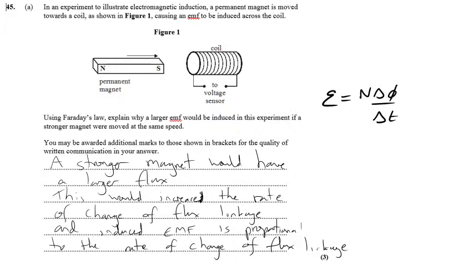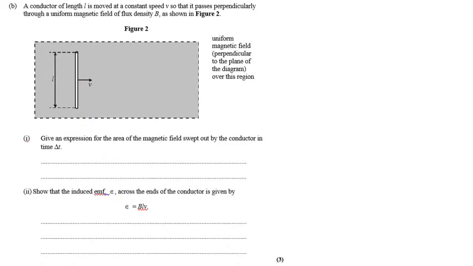So essentially it wants us to explain that we understand Faraday's law and then state how the increased magnetic field strength would affect this. Part B is about a straight conductor moving through a field.